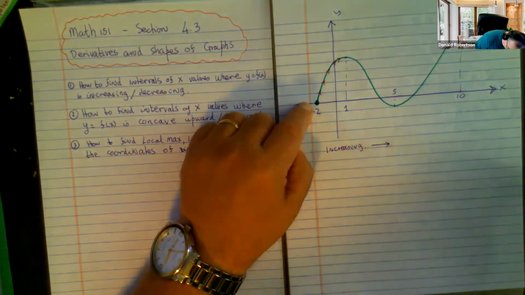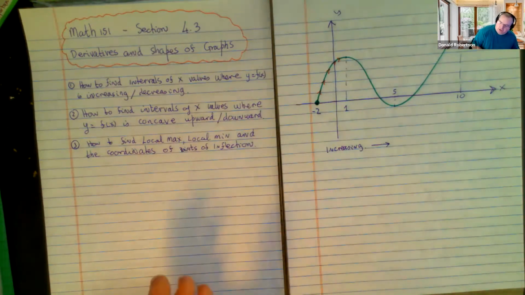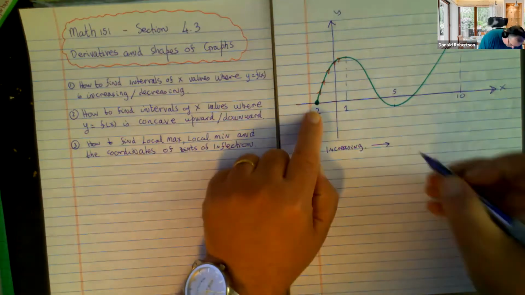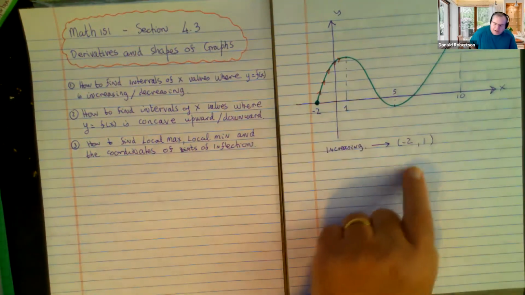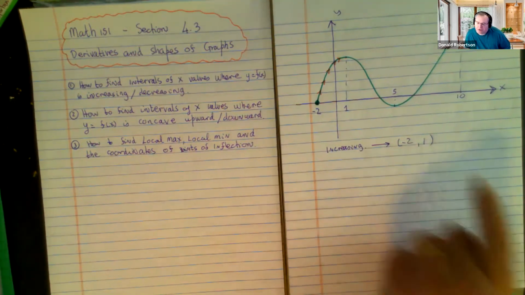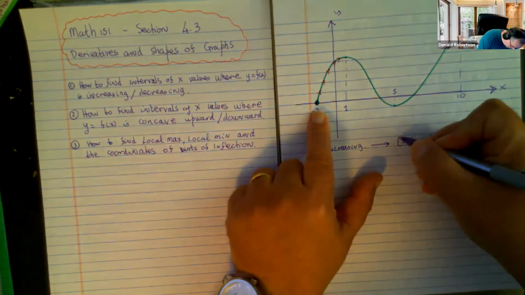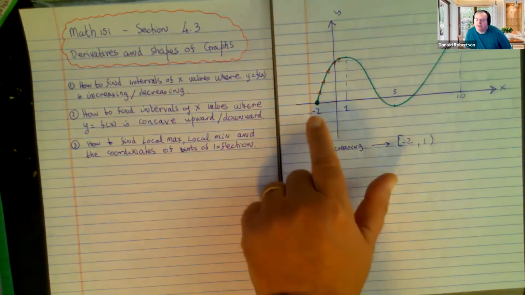So we tell people when something is increasing by telling its x coordinates. We don't care what the y values are. We just say x from -2 to x equals 1, and the round brackets mean you don't count the endpoints. You could argue that because this function starts at -2, you could call that one an endpoint, but in general you don't.